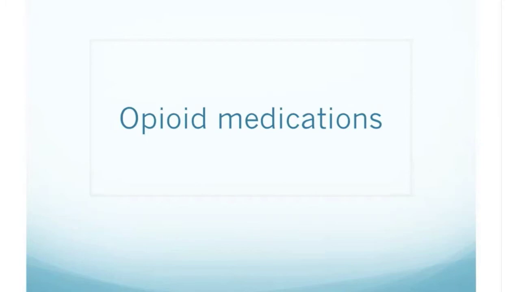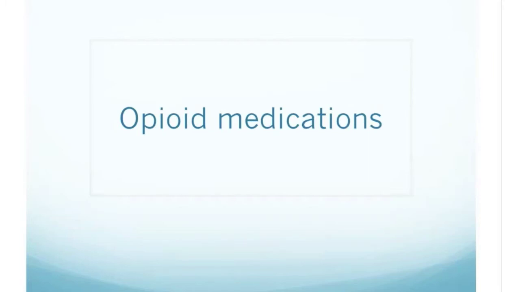Okay, let's go to coverage of the opioid medications under Pharmacare. I'll go through each of the drugs available in Canada right now. So codeine, there are two formulations, the short-acting codeine, just like the regular codeine, and the codeine combination products, such as the Tylenol with codeine products.